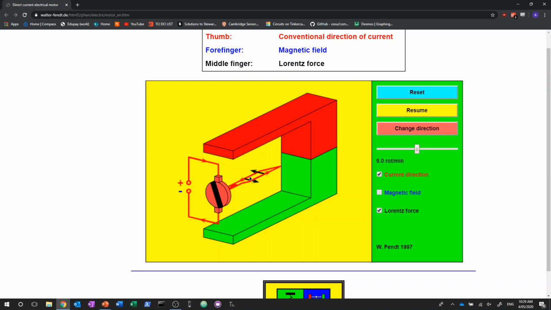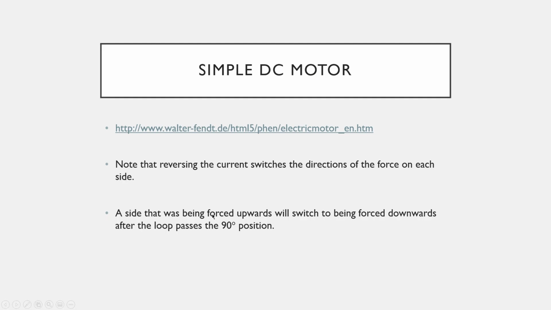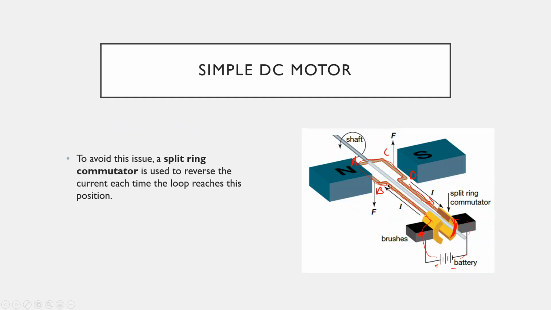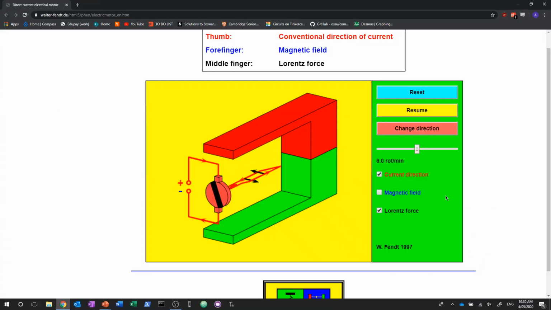Now here we've got a coil connected to a battery or some kind of DC voltage source. This picture is actually rotated 90 degrees from the diagrams in the PowerPoint. So imagine the whole thing being rotated 90 degrees to the right. Just be aware of that.